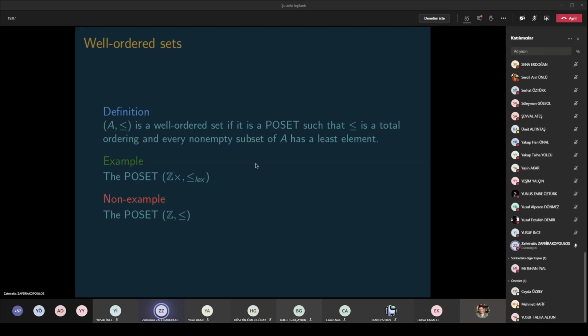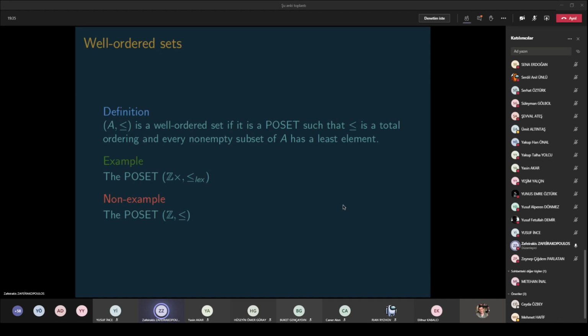How do we compare them? We say that the first pair is smaller than the second pair if A is smaller than C, or if A is equal to C, then if B is smaller than D. So if the first elements are equal, then we compare the second. But the first one gets priority. If from the first elements we can decide what is bigger or smaller, we do.